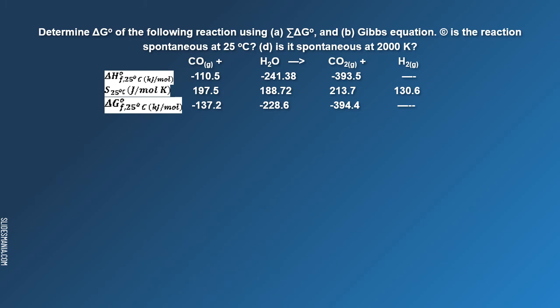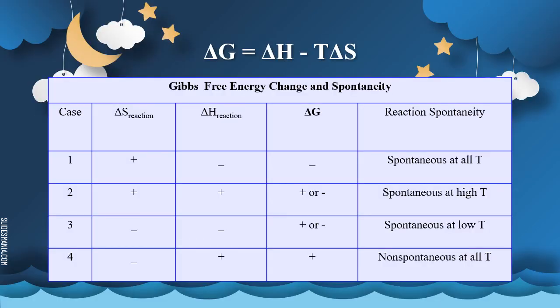We have two more requirements, which is: is the reaction spontaneous at 25 degrees Celsius? And is it spontaneous at 2000 Kelvin? So to determine this, you have to refer back to the table that was presented to you earlier. Remember the values that we had calculated earlier?